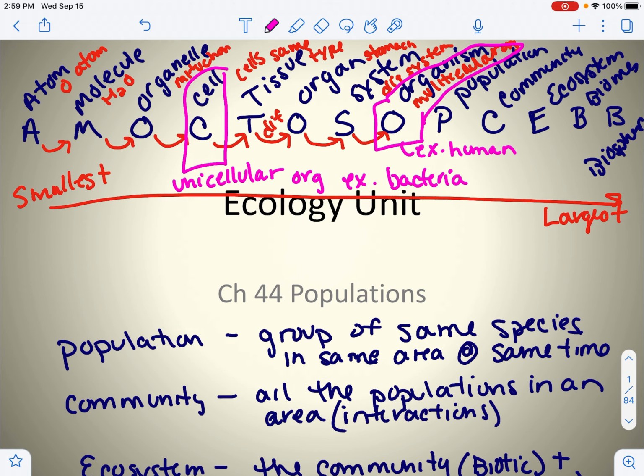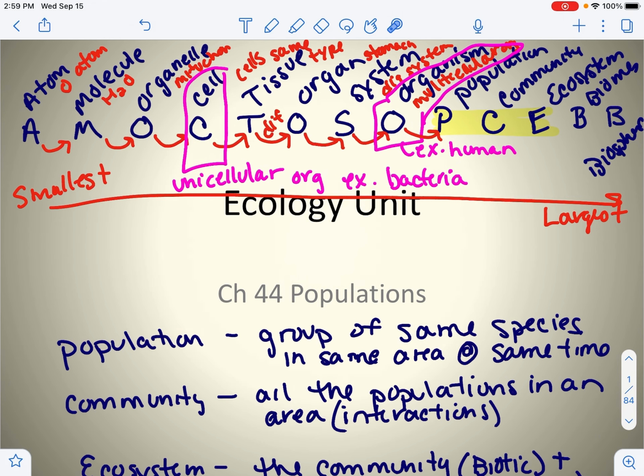Now moving up, a bunch of organisms together give us a population. So here is what we are studying right now. Chapter 44, chapter 45, and chapter 46 are going to be on populations, communities, and ecosystems. So you see they're building on each other.